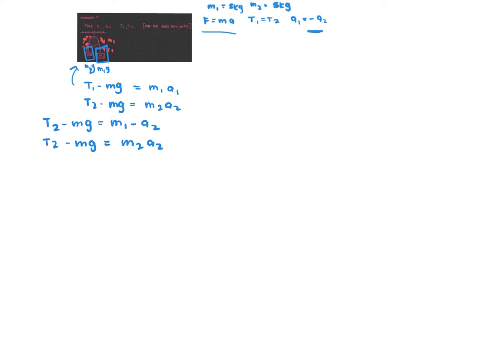Now, this next part is basically to leave T on one side. So this is T2 equals m1g minus m1 times negative a2, sorry, not this minus, it's times.